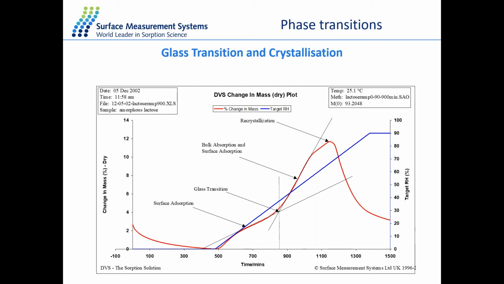Now, picture a sample that has no structural changes, a sample that is very stable, for example silica gel. It will absorb water as soon as it's exposed to water, as much as it can. So if you have a material like that that doesn't have any structural changes, if you introduce water, the mass of the sample will increase in a parallel line.